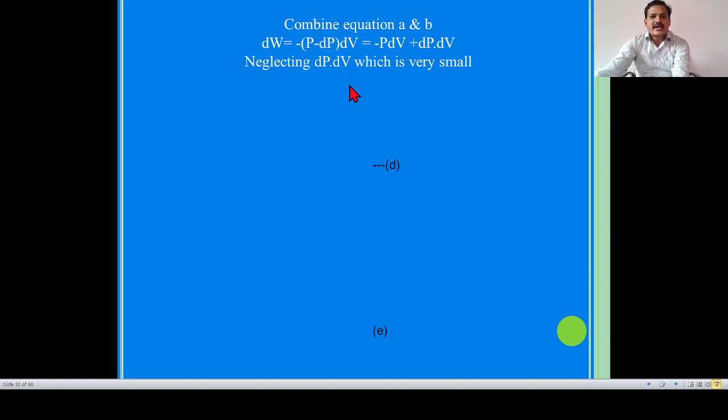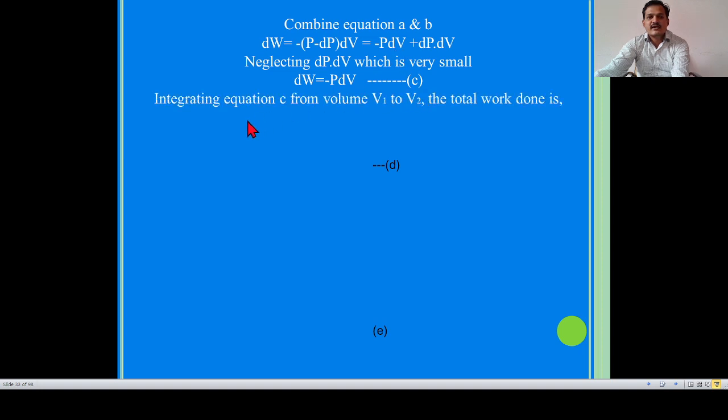Neglecting dP and dV because they are very small quantities, the final equation is dW is equal to minus P dV. That is equation C.